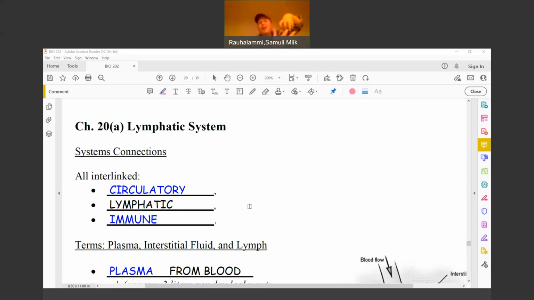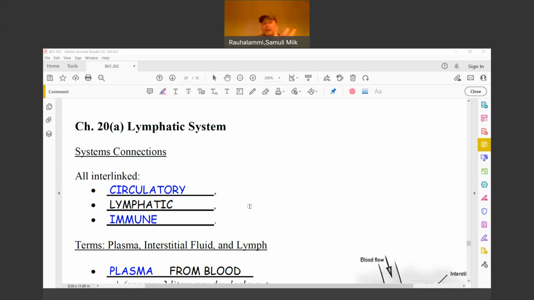Like I've told you before, for the longest time, cardiovascular was considered a closed loop system, but we saw that it's actually not as perfectly closed as we tend to teach you. A little bit of fluid leaks out from there, and it's the role of the lymphatic system to catch that fluid and return it back to the circulatory system.